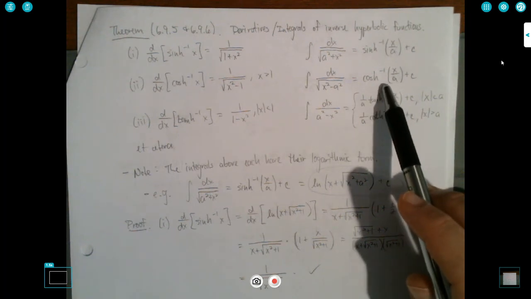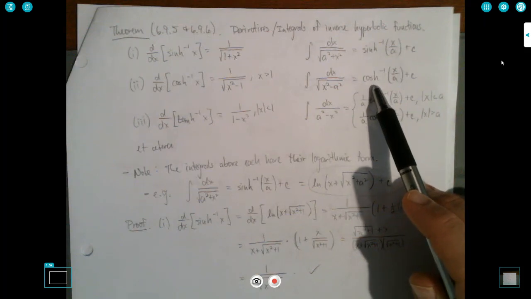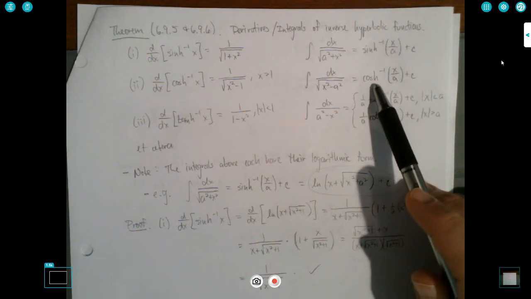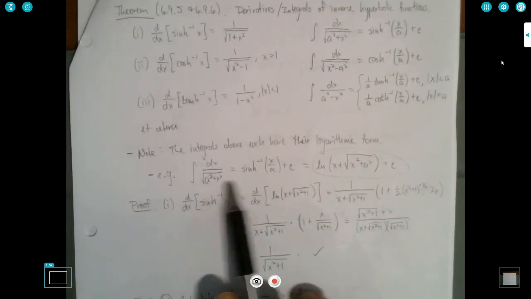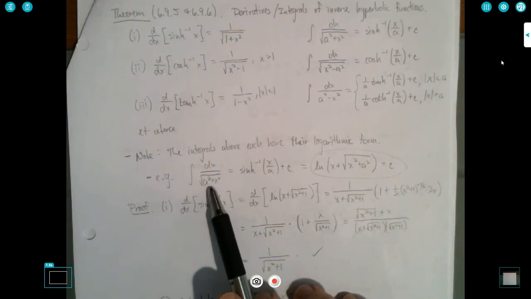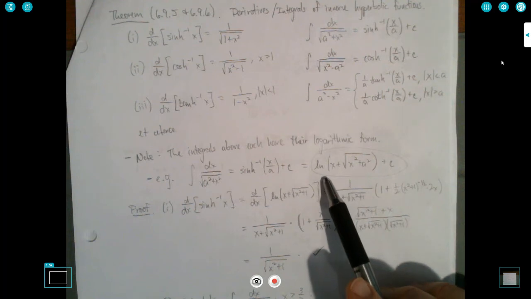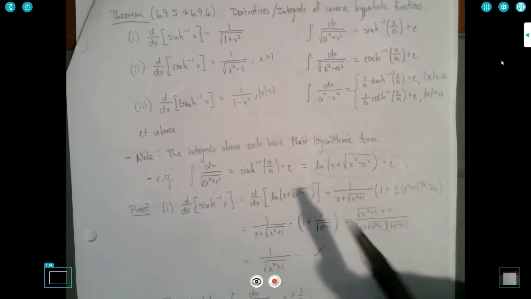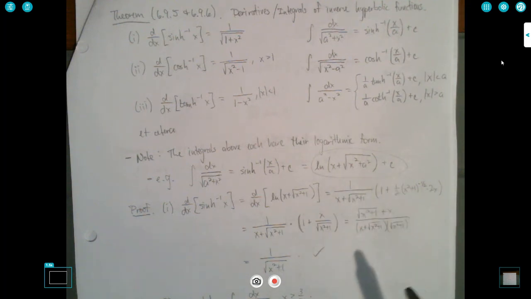So you could also rewrite this as ln of x over a plus the square root of x squared over a squared minus 1, right? Or I've already written one down for sinh, right? The integral of 1 over square root of a squared plus x squared is sinh inverse of x over a plus c. But that's equivalent to the natural log of x plus the square root of x squared plus a squared plus c, right?